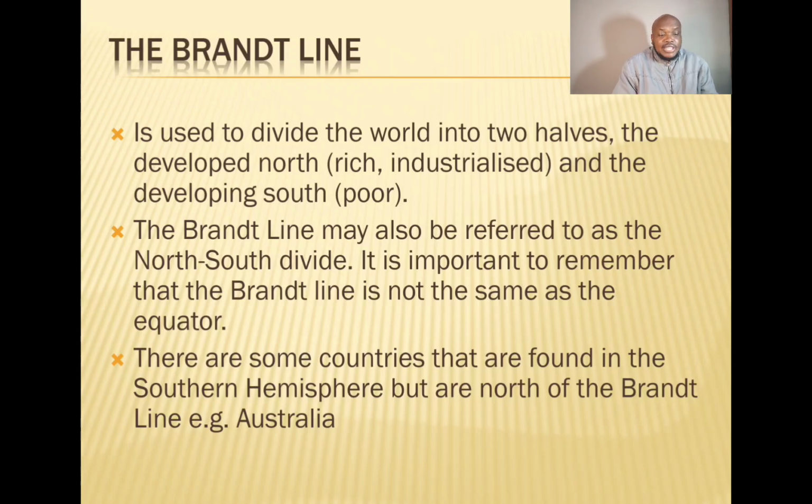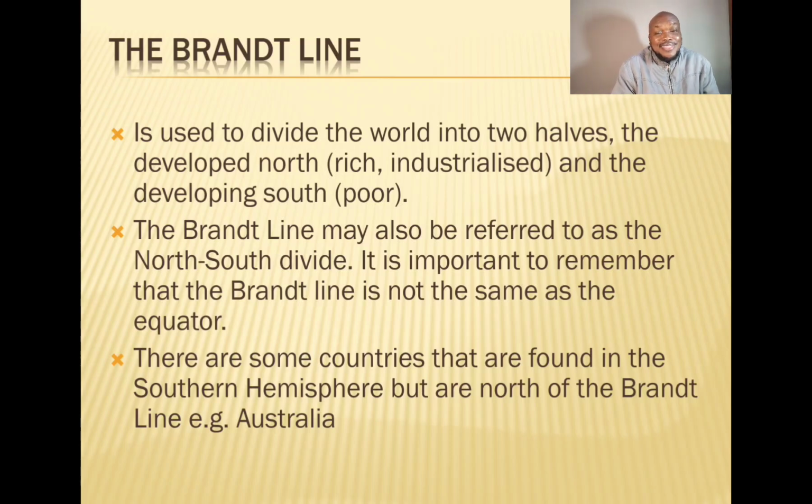It is important to remember that the Brandt Line is not the same as the equator. There are some countries that are found in the Southern Hemisphere, but when it comes to the Brandt Line, we say they are in the North. For example, Australia.